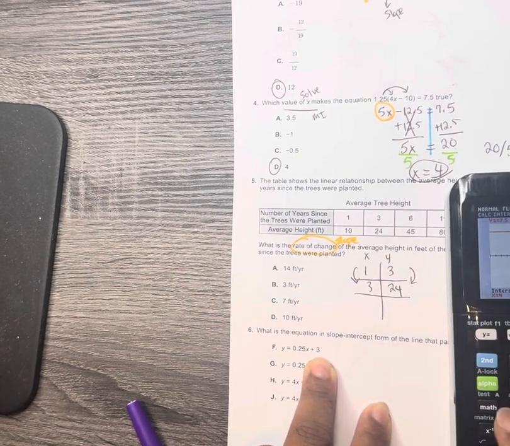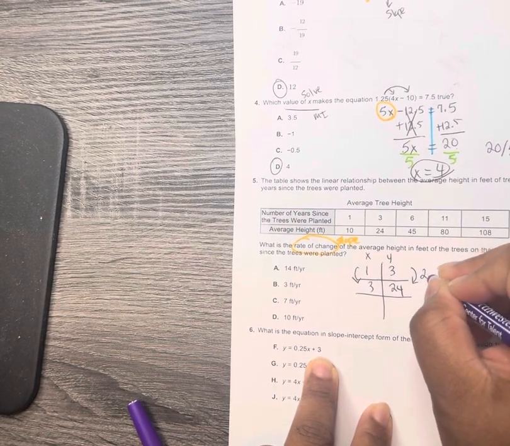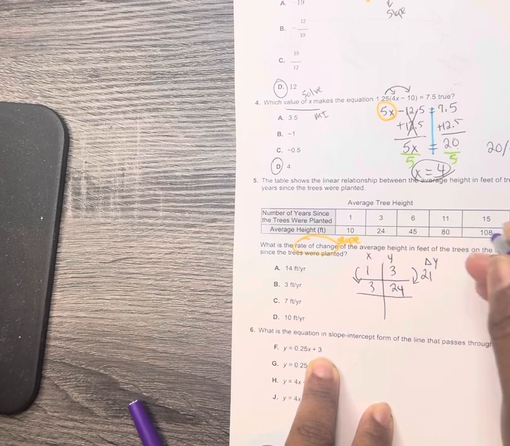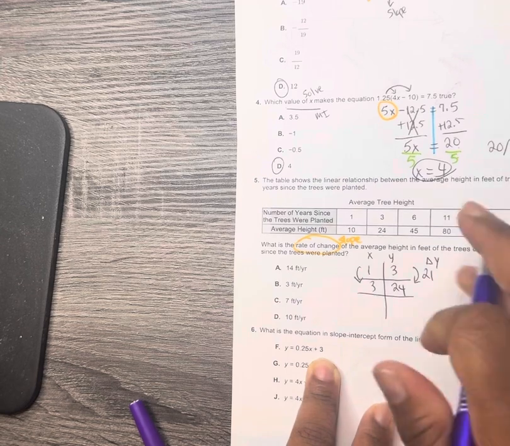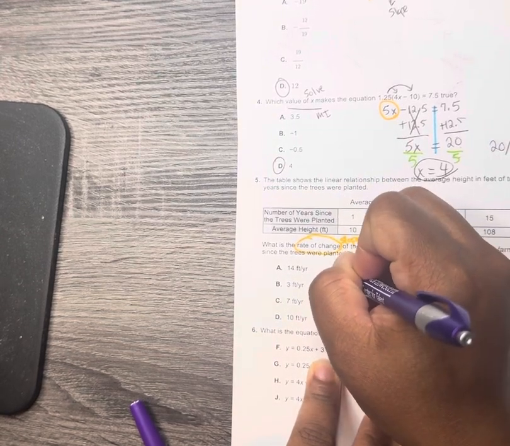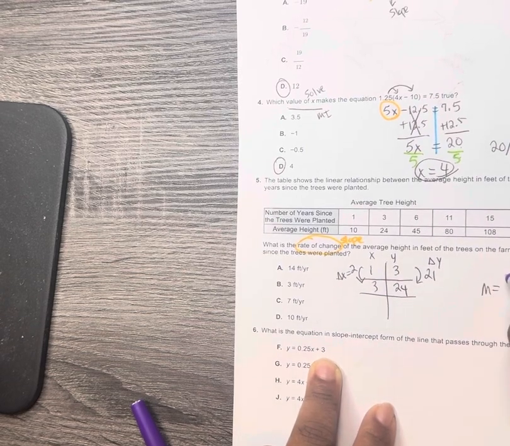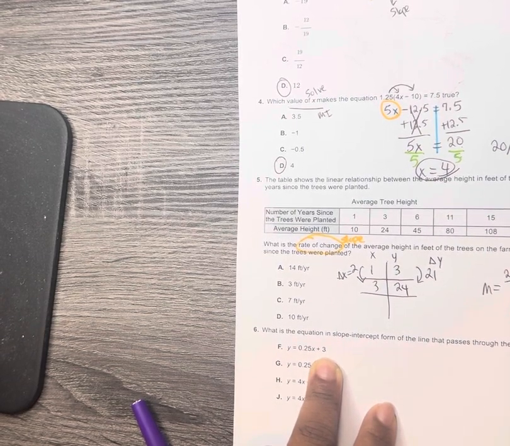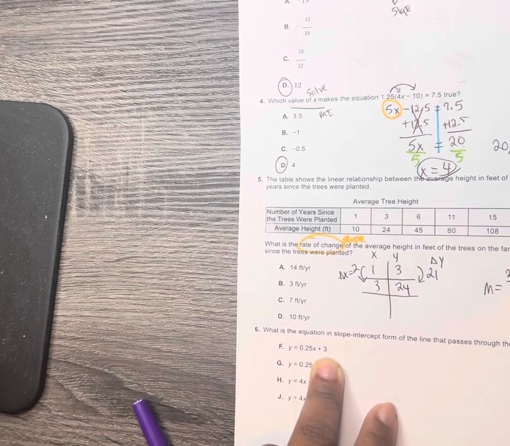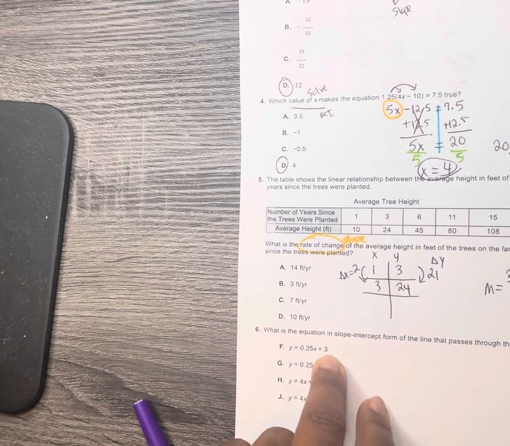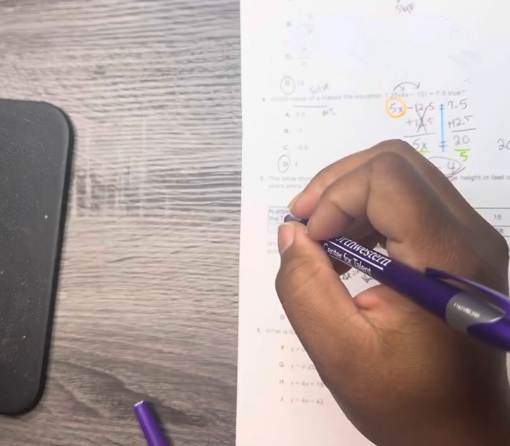So in your calculator, you just do 24 minus 3, you're going to get 21 here for your change in y. And then 3 minus 1, your change in x is going to be 2. And so what you can do now to find your rate of change, that's 21 divided by 2 in your calculator. That is close to 10.5, giving us an answer right there as D.